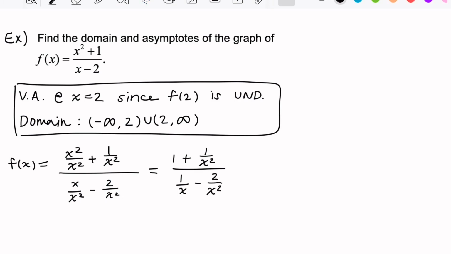Okay. Using the same property that as x, when it's in the denominator like this, gets bigger and bigger, then this whole fraction here approaches 0, we'll get 1 minus 0 over 0 minus 0. Okay. We can't divide by 0, so this guy is going to be undefined.